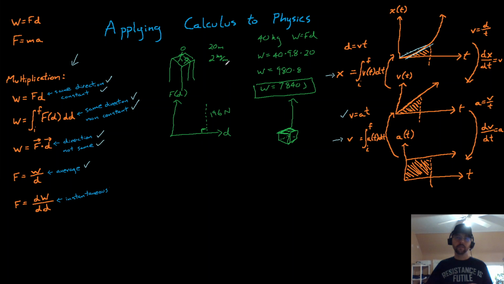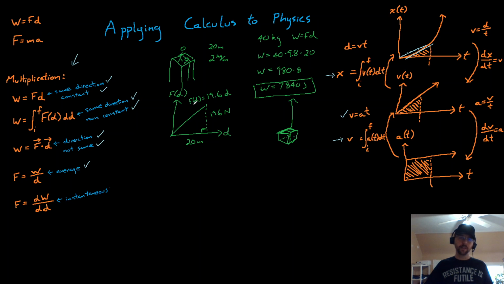It's a steady increase of 2 kilograms for every bit that we pull, so it's a steady increase of 2 times 9.8 newtons, which is 19.6. So our function for force over displacement is equal to 19.6 times d. And our displacement goes from 0 to 20, so this is 20 meters.